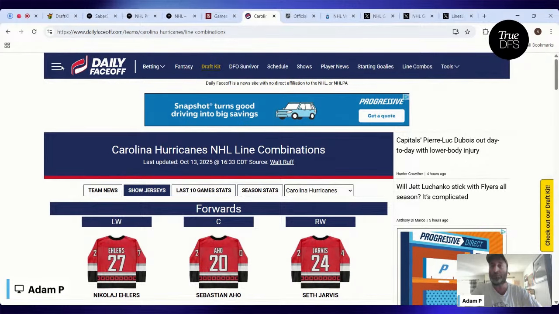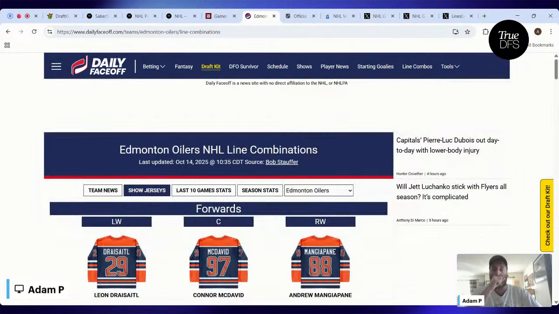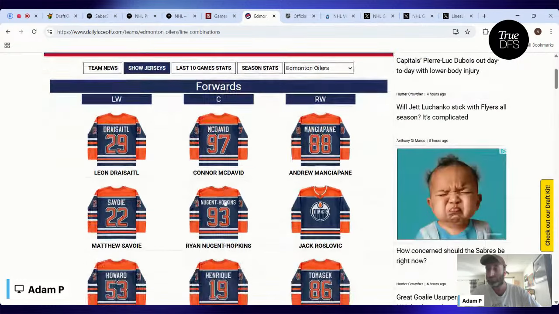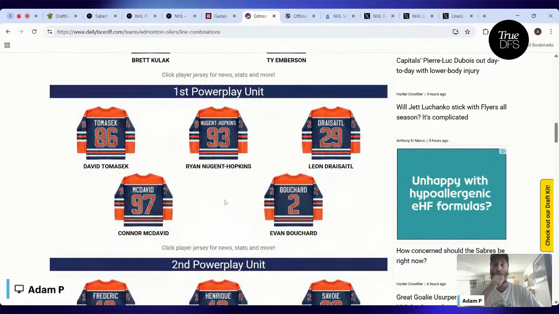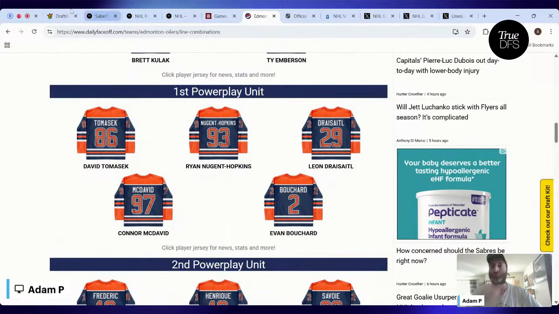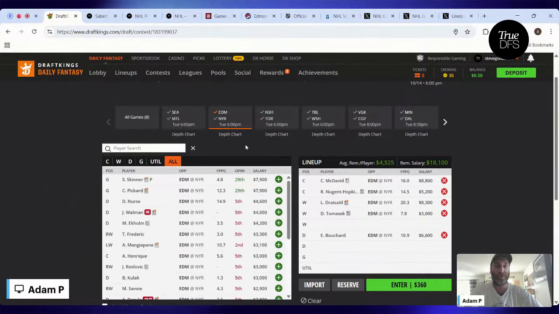Let's see. You could put Mangiapane in there. Get RNH and Bouchard. What do we have left?